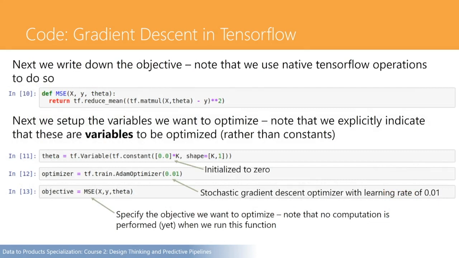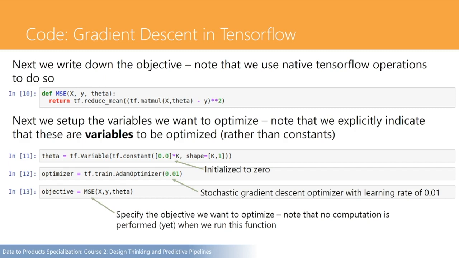Okay, so let's write down the objective. It's much like we wrote down the objective before, but now we're using native TensorFlow operations to write it. So really here, I'm just implementing the mean squared error. Given a feature matrix X, label vector Y, and my parameters theta, what would be the error of making the predictions under theta?